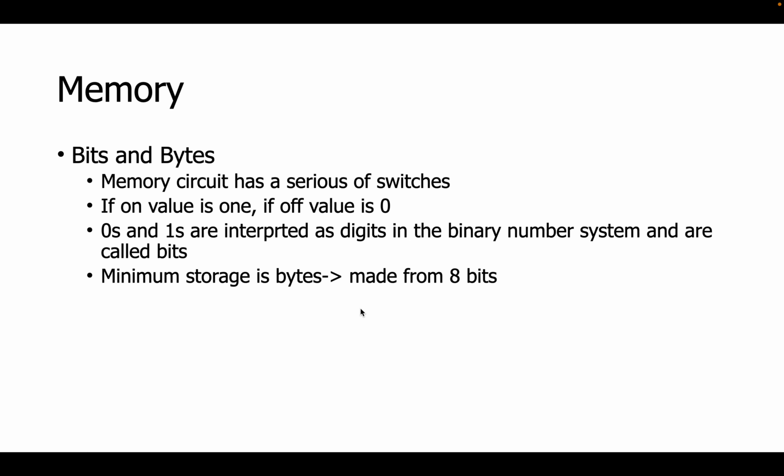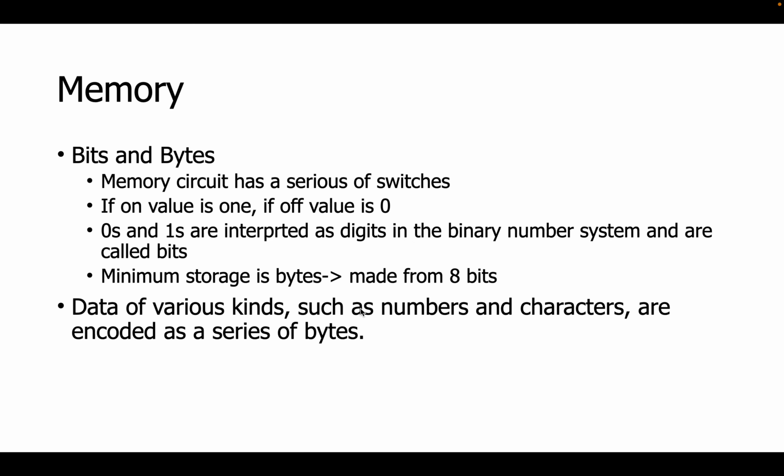The minimum storage unit is the byte, which consists of 8 bits, and it's used to represent a character. Other data types like numbers and sequences of characters are represented with multiple bytes.